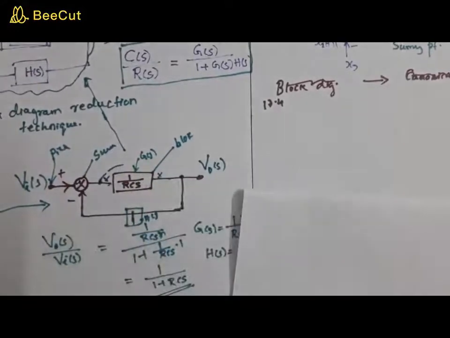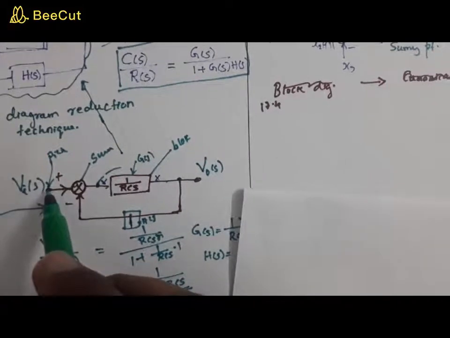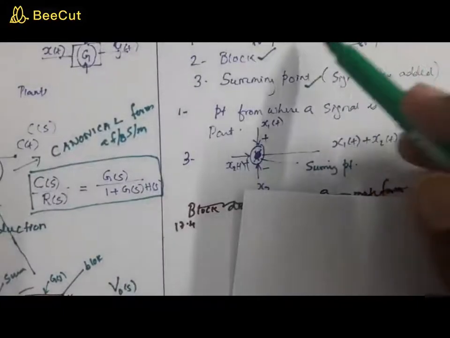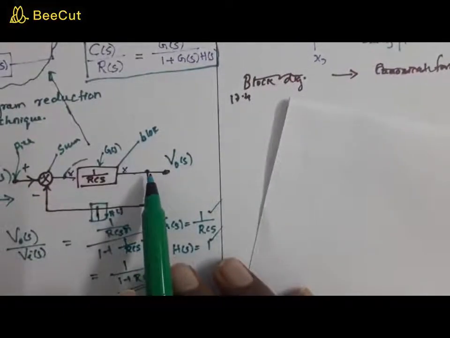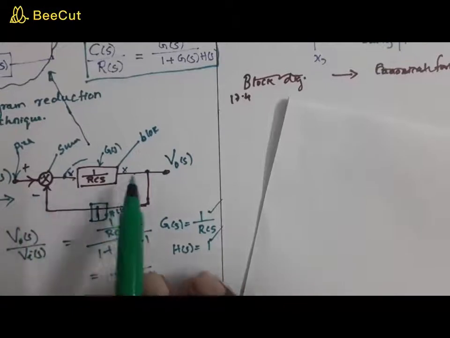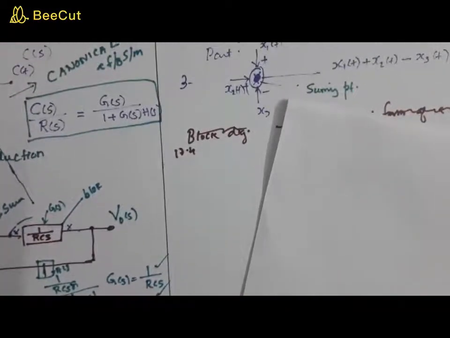All these nodes in the block diagram are referred to as take-off nodes. Sometimes in some texts you can say this is the beginning node and then the end node. Anyway, this all comes under take-off point or pick-off point. This can also be considered a take-off point. Why? Because even though it's the end node, from this node also some signal is taken to this side. So the point from where you take the signal can be called a pick-off point or take-off point.